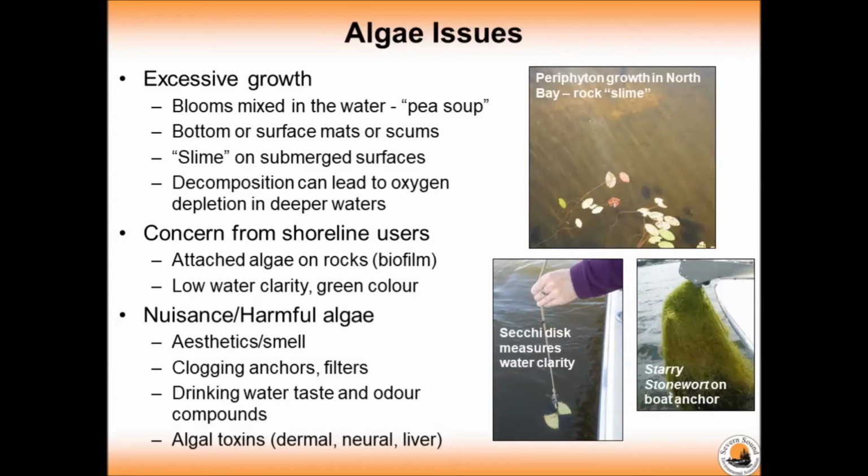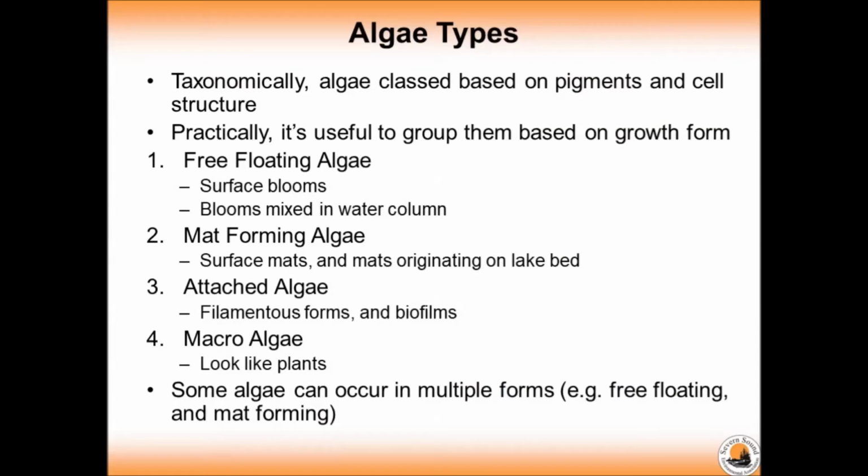So even though the water's been treated and is safe to drink, you can still have these taste and odor compounds. They can give the water either a fishy taste or a cucumbery taste, geranium, it depends on the species of algae. And then finally, we can see algal toxins. From very particular species, they can produce toxins that can affect the skin, the respiratory system, the nervous system, the liver, and so on.